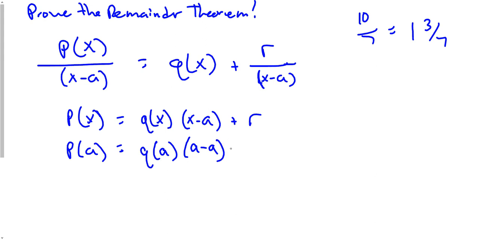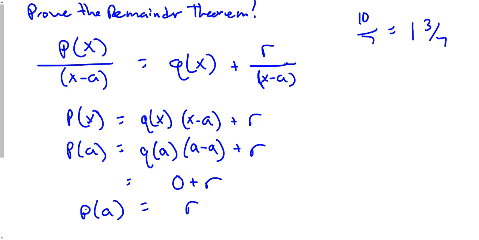But we get A minus A plus R. Well, what's A minus A? 0. And 0 times Q of A is equal to 0. And so P of A is equal to R.